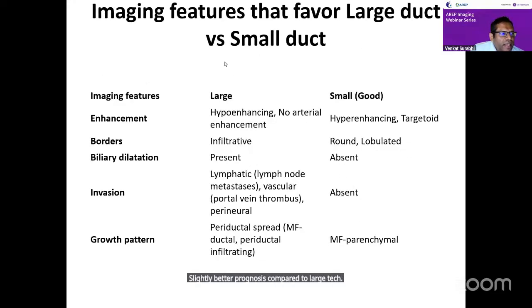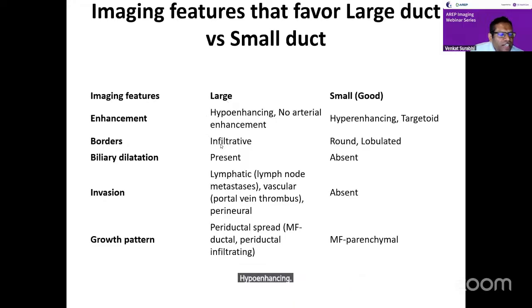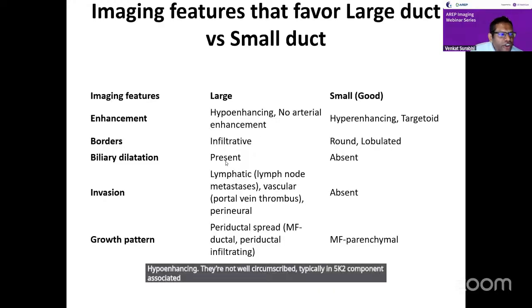Now, there are some distinct imaging features that can help to distinguish large from small duct on imaging as well. Typically, large duct type tumors are large and hypoenhancing. They are not well circumscribed, typically have an infiltrative component, and are associated with biliary dilation and lymphatic invasion.